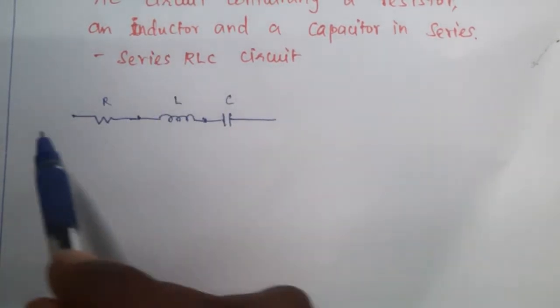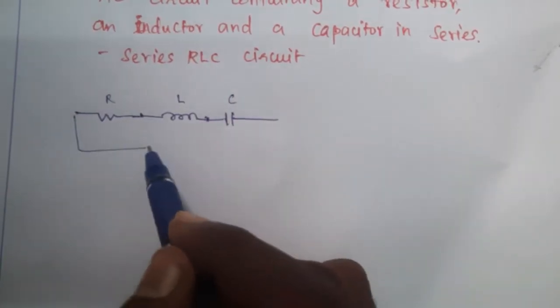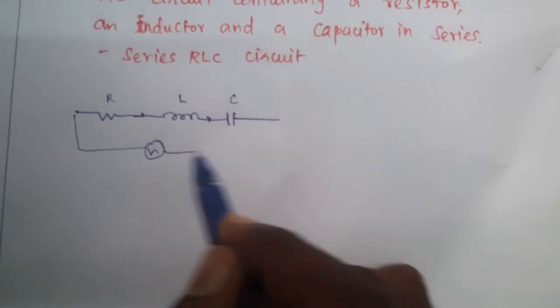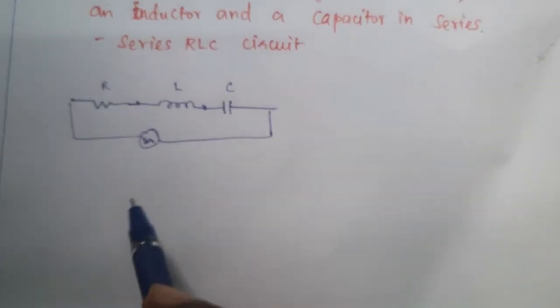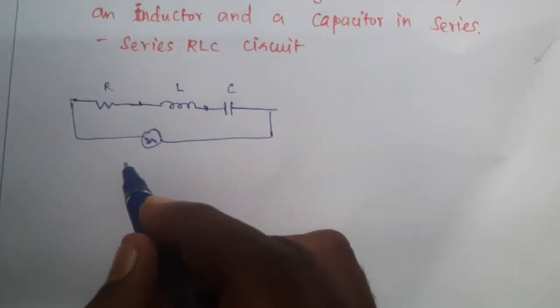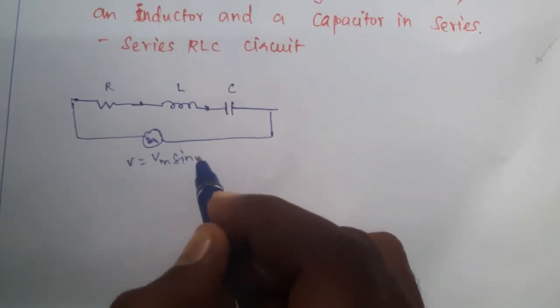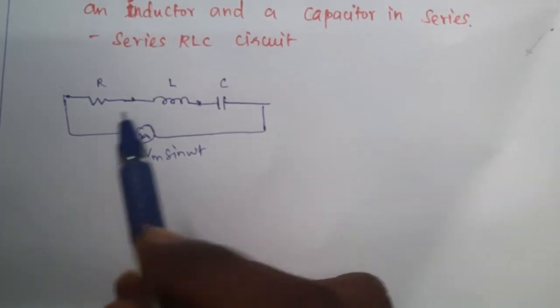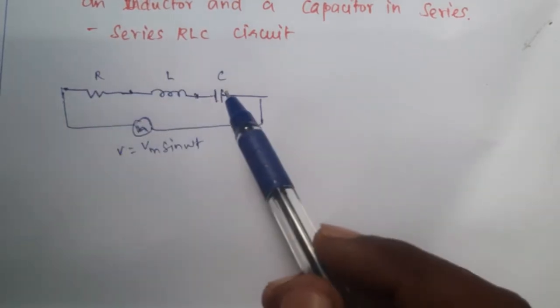So everything is connected in series with AC. This is the AC symbol, the sinusoidal waveform. Now R, L, and C are connected in series with the AC voltage. At any instant, the voltage from this voltage source, Vm sine omega t, appears across this resistor, inductor, and capacitor.